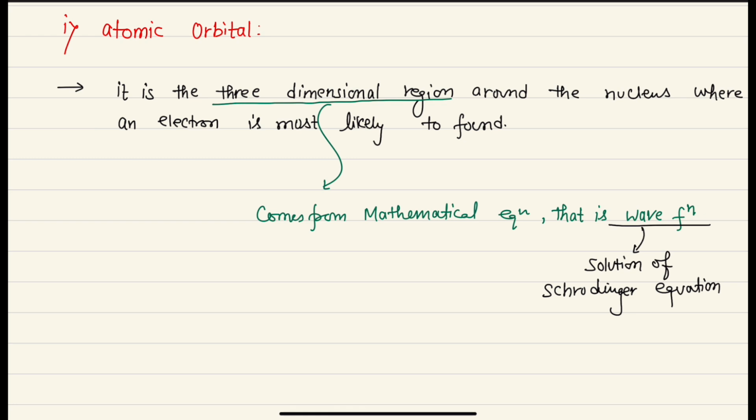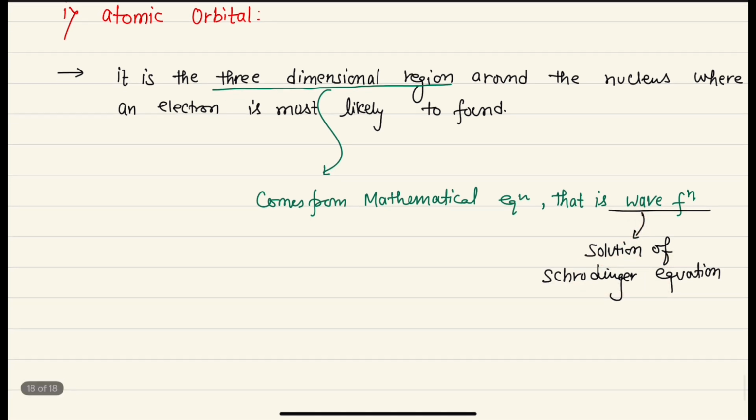But if you see this by quantum mechanics, this three-dimensional region comes from a mathematical equation called the wave function, and this wave function is the solution of the Schrodinger equation. So we can write one more definition of atomic orbital, and that is the actual definition in quantum mechanics.